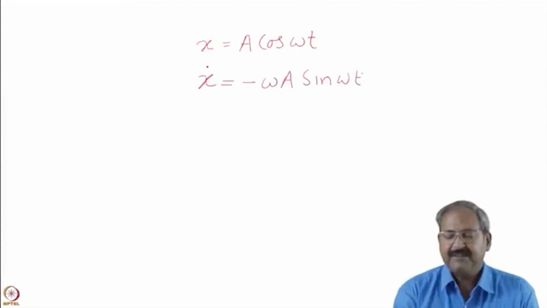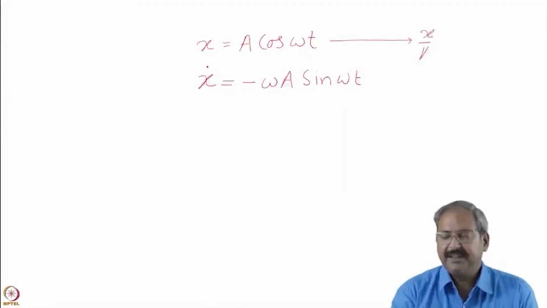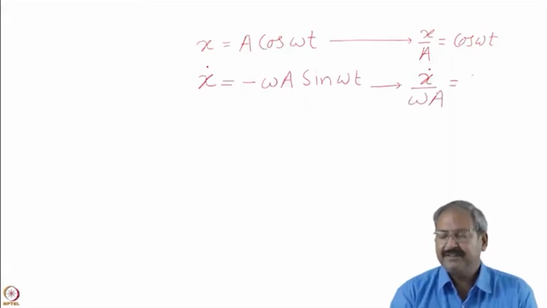Now from this you can get x upon a is equal to cos omega t. And from here you can write down x dot upon omega a is equal to sine omega t.